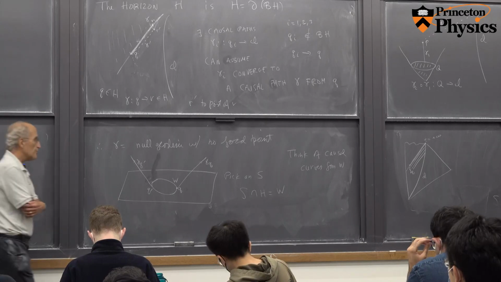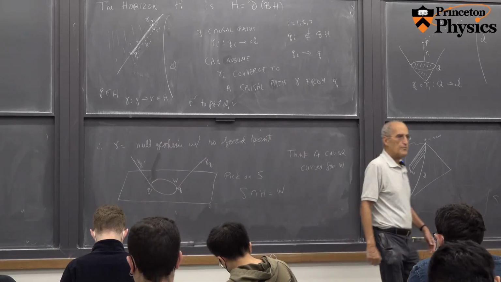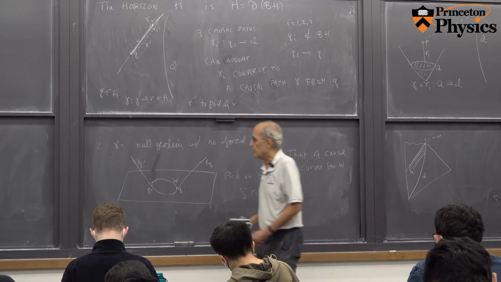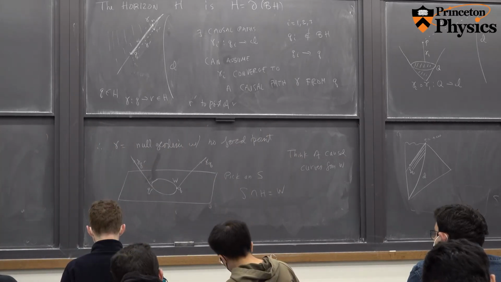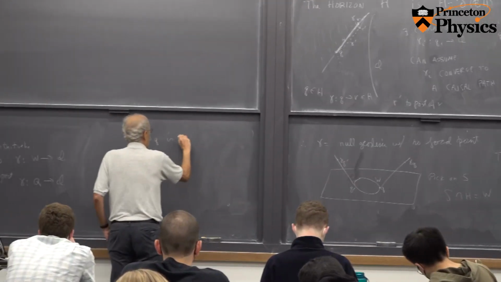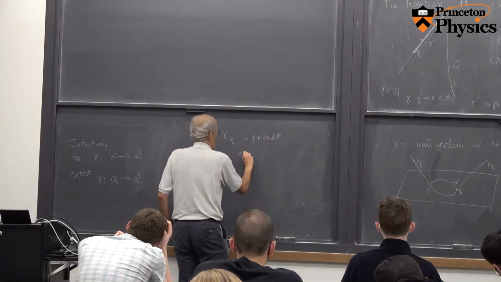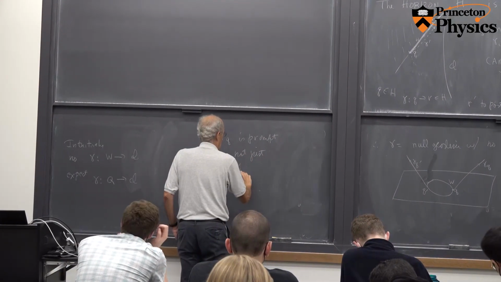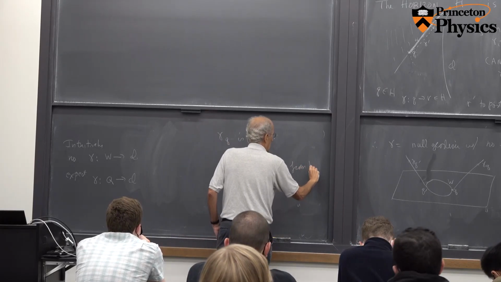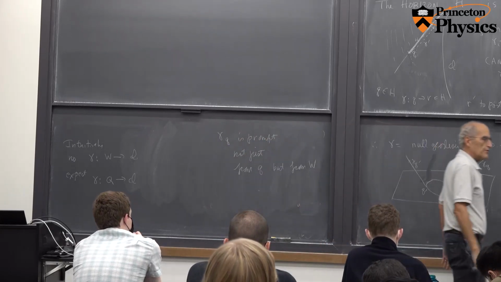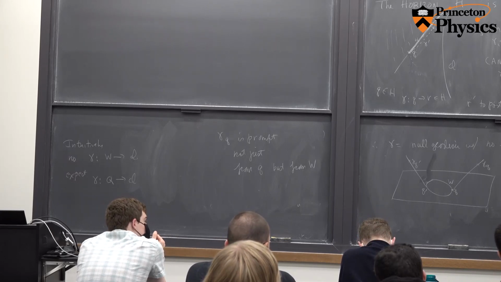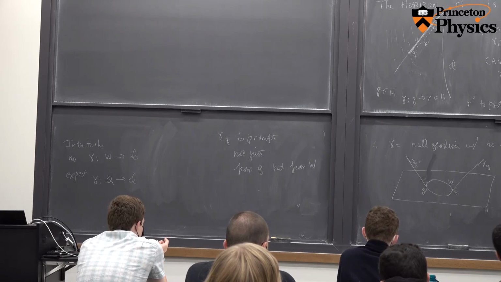Now, so far, what I've proved is that gamma Q is prompt as a curve from Q, and gamma Q prime is prompt as a curve from Q prime. But actually, a stronger statement is true. Gamma Q is prompt not just from Q, but from W. In other words, to say that gamma Q is prompt from Q means that if you deform gamma Q as a causal curve, keeping fixed the initial point Q, you can't make it arrive sooner.